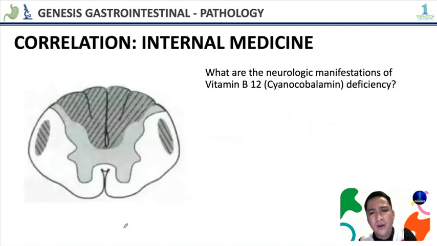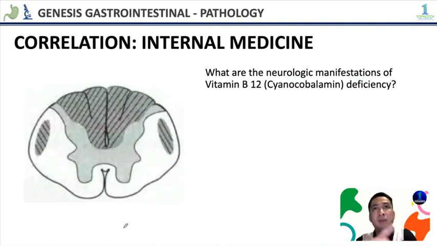So let's try to correlate with biochemistry and internal medicine. What are the neurological manifestations if there is B12 deficiency? The first question is, what is the role of B12 in the central nervous system? Why do we present with neurodeficit if you have B12 deficiency?